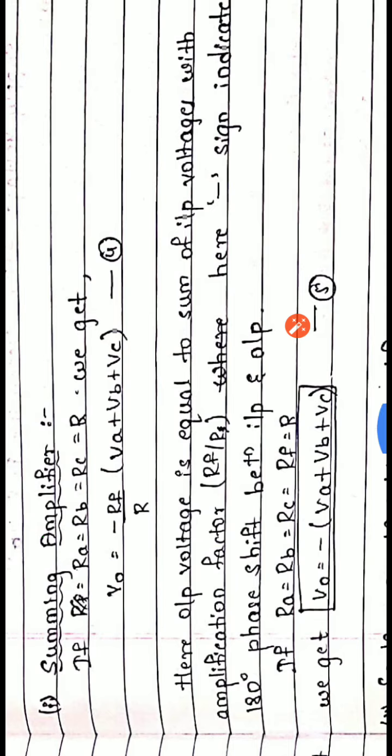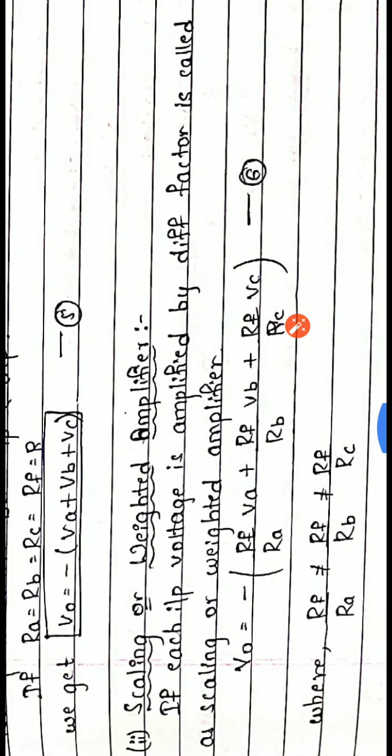Now the same thing you have to do for scaling. Scaling means nothing but a weighted amplifier. Here each input, VA, VB and VC, is amplified by a different factor. The different factor is chosen with respect to the resistor values for the selected input signal.